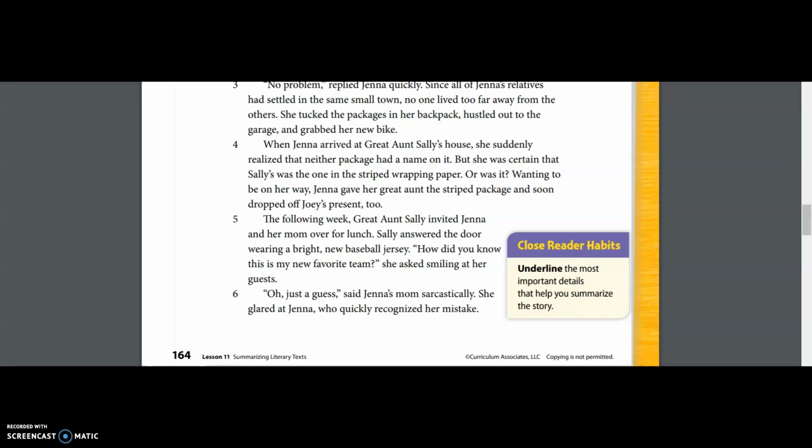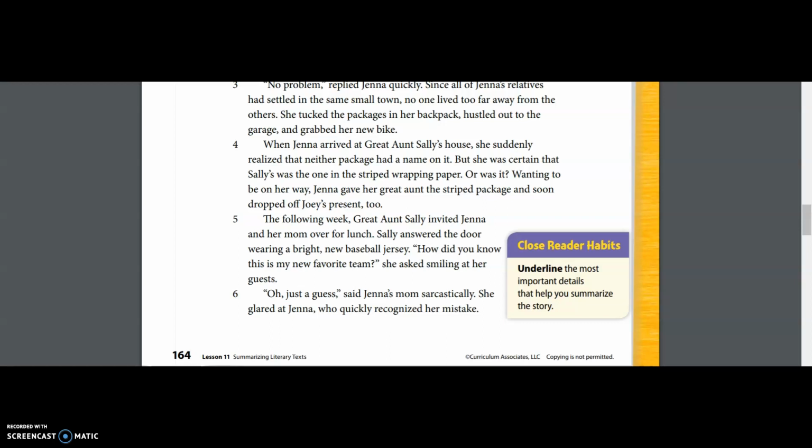When Jenna arrived at Great Aunt Sally's house, she suddenly realized that neither package had a name on it. But she was certain that Sally's was the one in the striped wrapping paper. Or was it? Wanting to be on her way, Jenna gave her great aunt the striped package and soon dropped off Joey's present too.